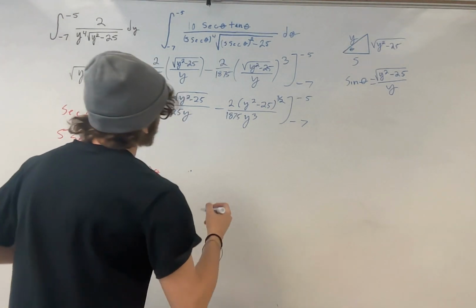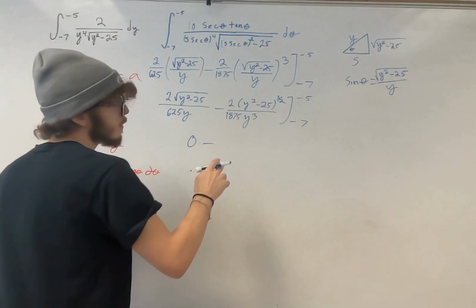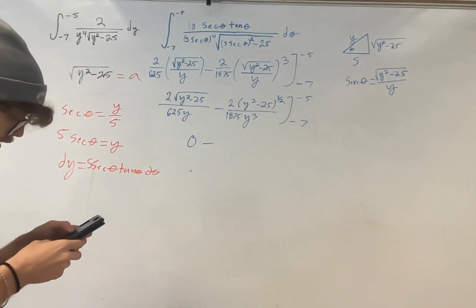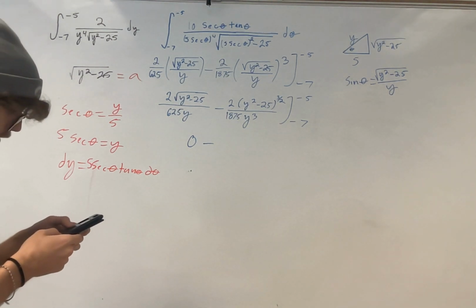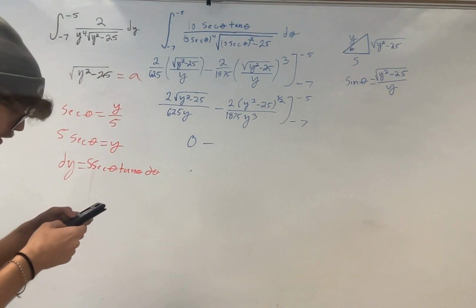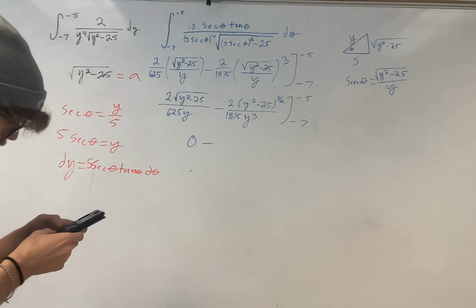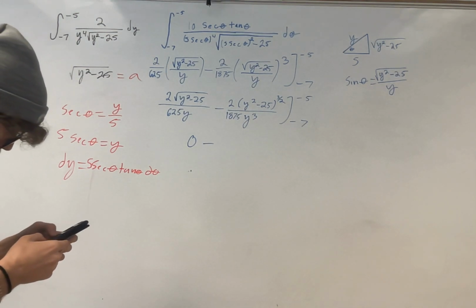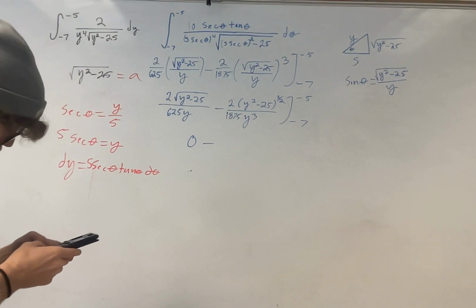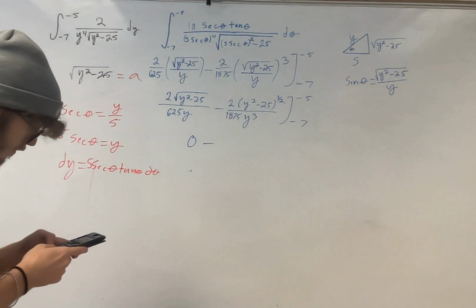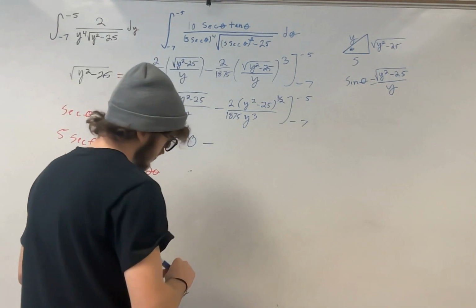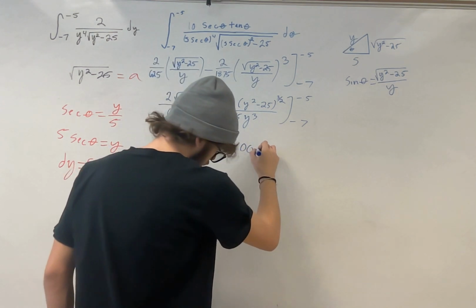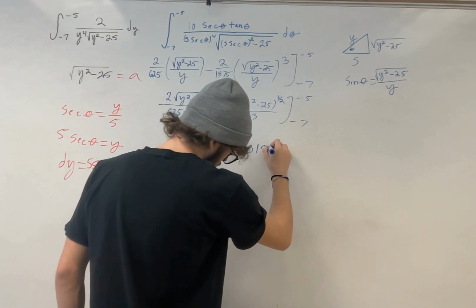So I found it to be 0. Hopefully you concur. If not, I'll have to redo this video and you won't be seeing it. But now let's plug in -7 with where the y's are supposed to be. Okay, and I found this to be -0.00187.